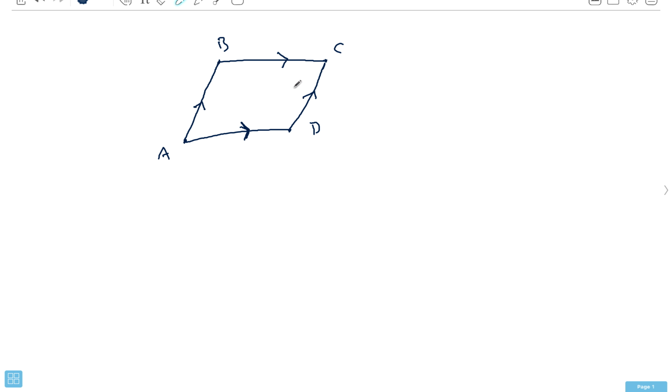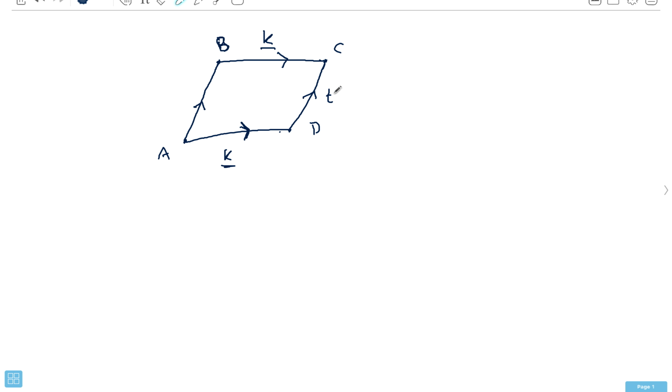Now what I've tried to draw is these two having the same length and having the same direction. And so what we can say is that BC and AD represent the same free vector, K. Now, consequently, AB and DC must represent the same free vector.